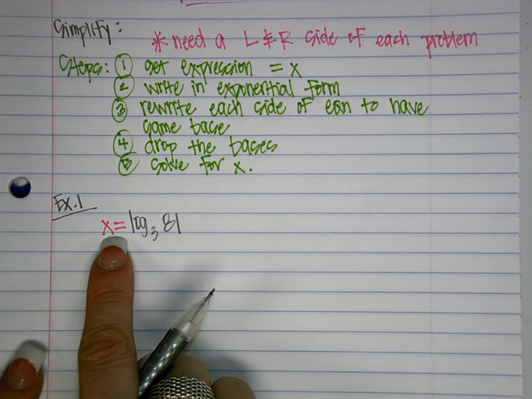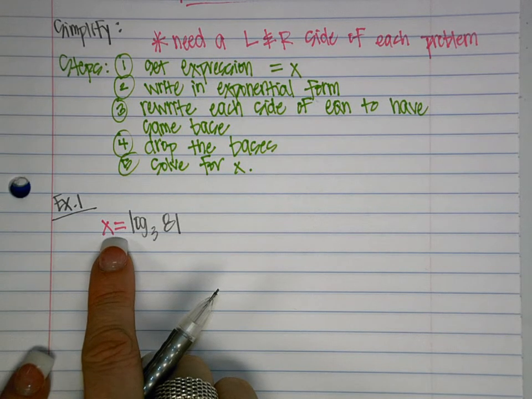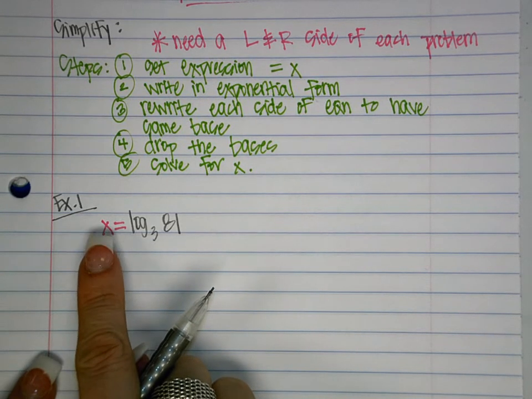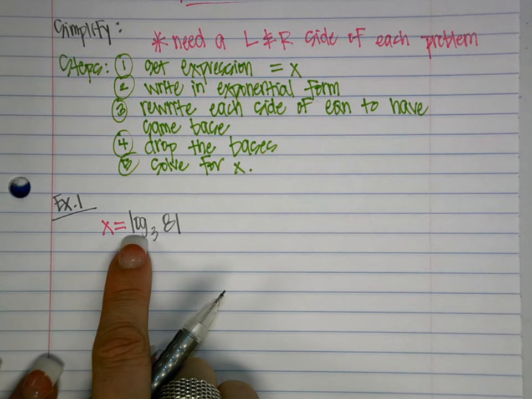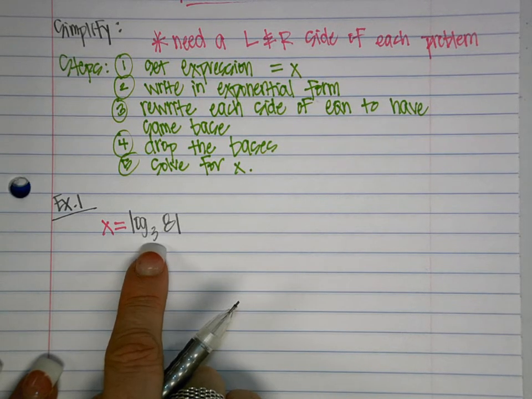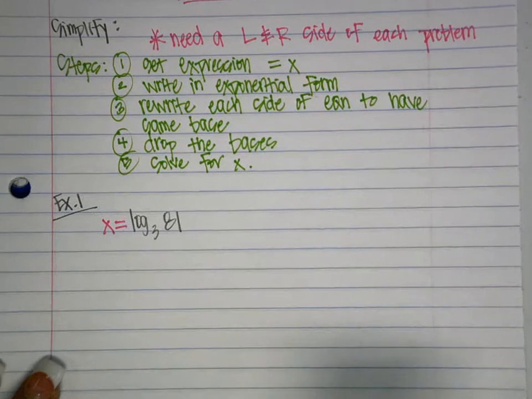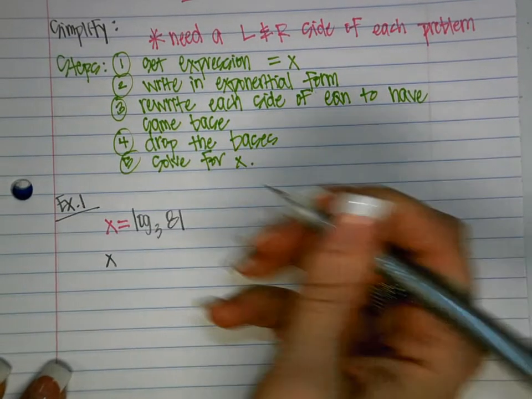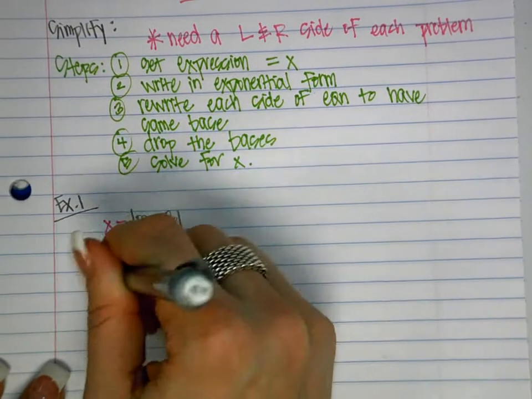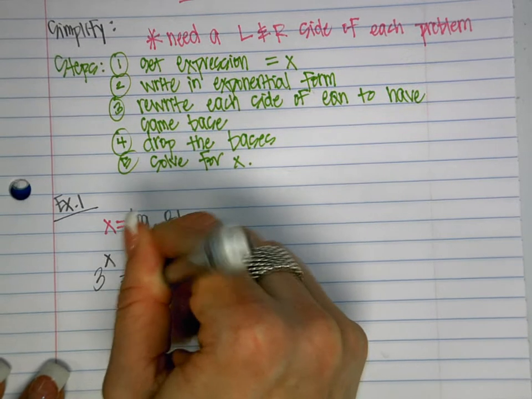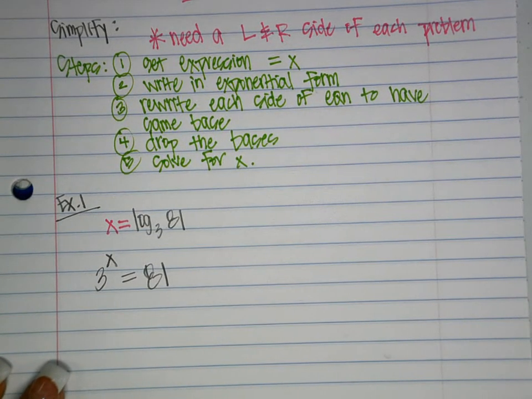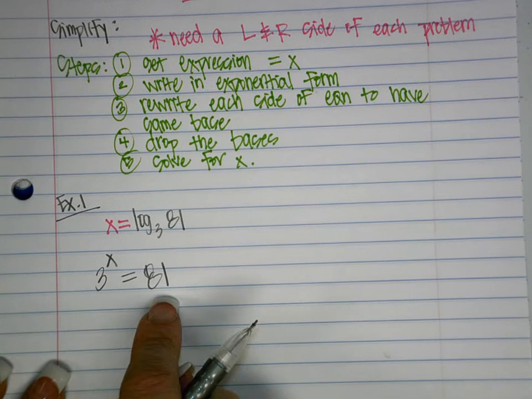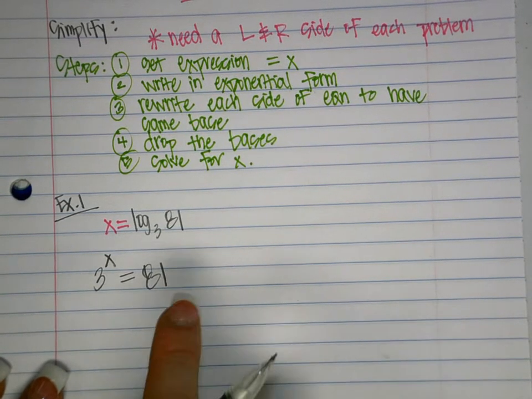So here, how do I write this in exponential form? Say it with me: x is the exponent on 3 that makes 81. You just have to get used to that. Then we get the same base. These can both be a base of 3.